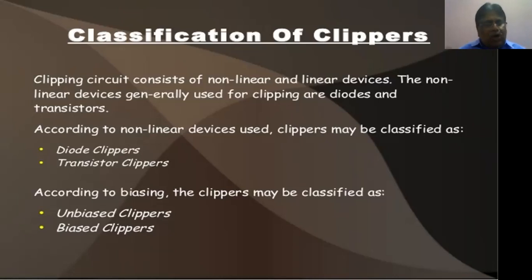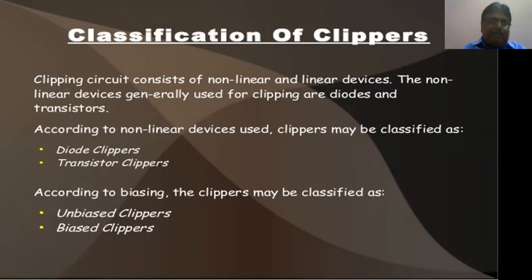Next, according to biasing, clippers may be classified as unbiased clippers and biased clippers. Unbiased clippers means without a power supply, without DC. Biased clippers means a DC supply is connected to the resistor in the circuit diagram.